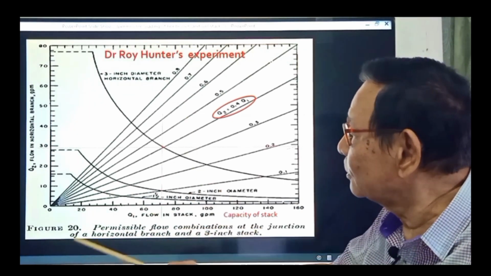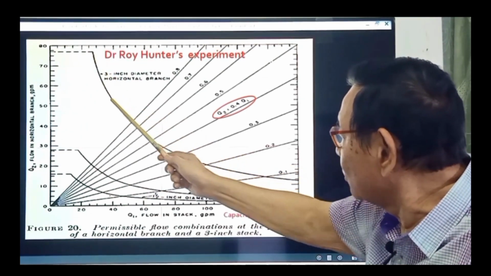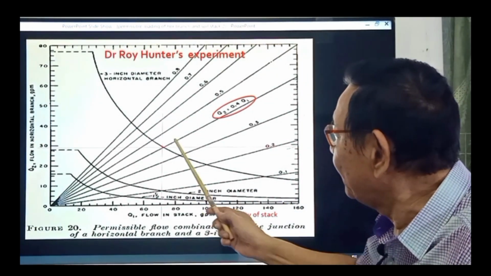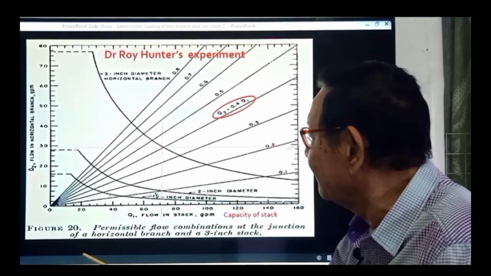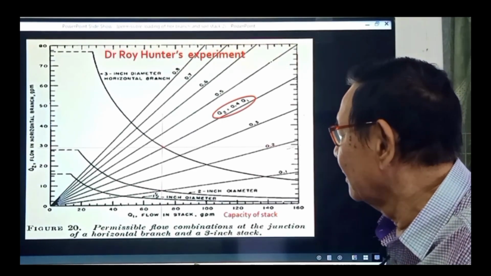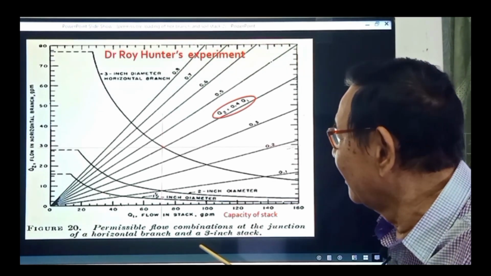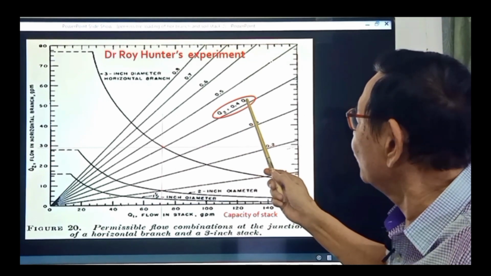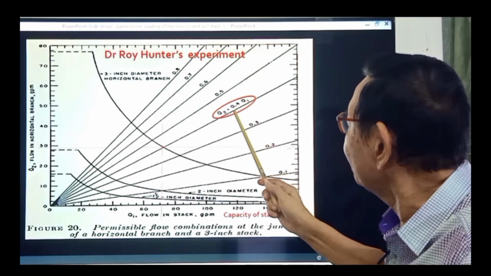Ito ang ginawa ni Dr. Hunter. Okay, ang experiment niya, kagaya nitong 3 inches diameter, ito ang chart. Ang chart na ito ay nagbigay ng relasyon ng flow of horizontal branch in GPM at saka flow in stack in GPM. See, for example, you have the flow and capacity of the stack. Ito ang intersection, ang relasyon doon sa sinabi ni Dr. Hunter: Q2 is equal to 40% only of Q1.